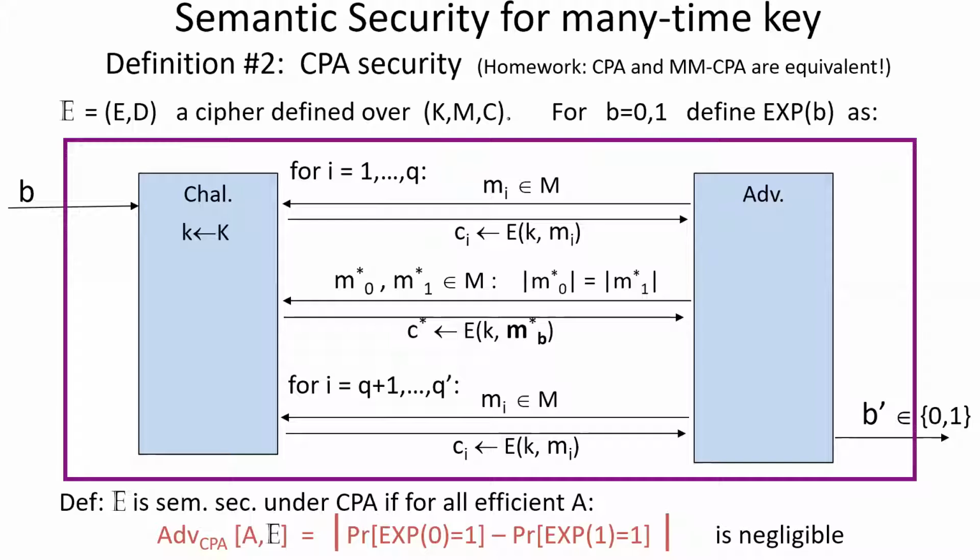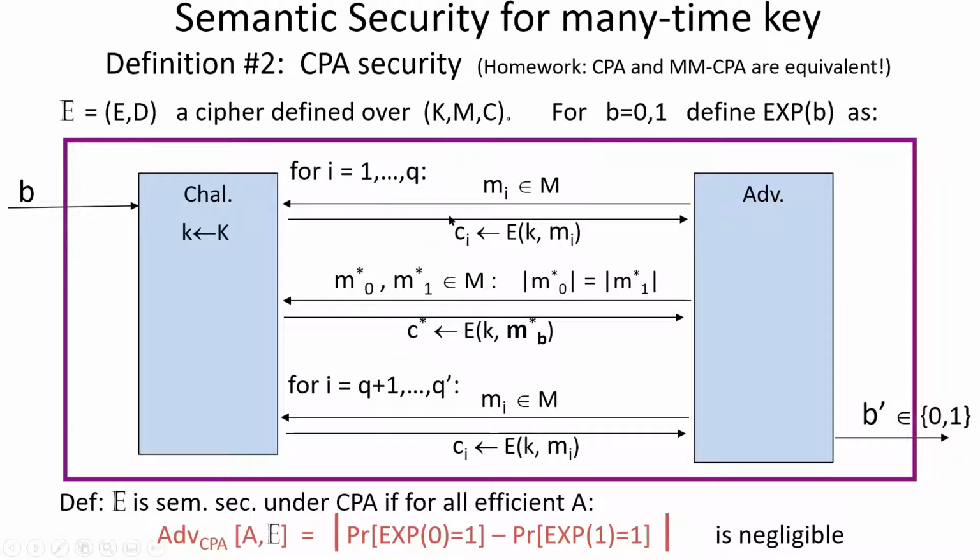You should be able to tell between somebody encrypting a kilobyte versus somebody encrypting 2 kilobytes worth of plaintext. But as long as they encrypt the same size messages, you should have no clue which message was encrypted. Okay. All right.